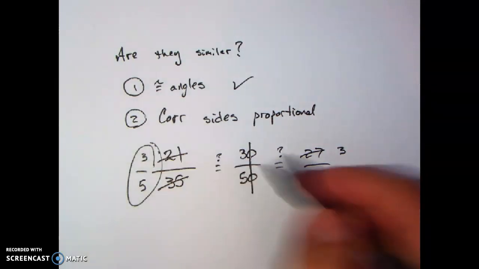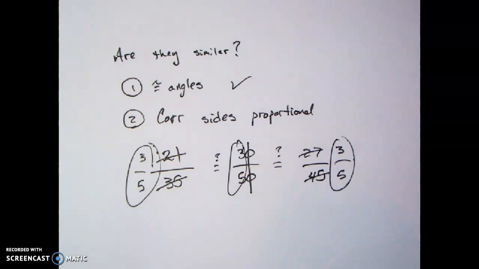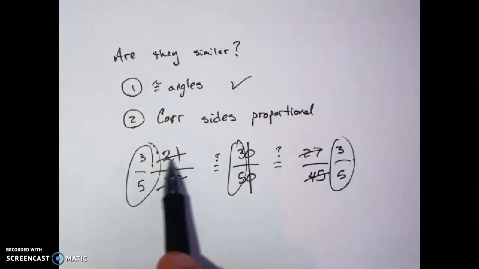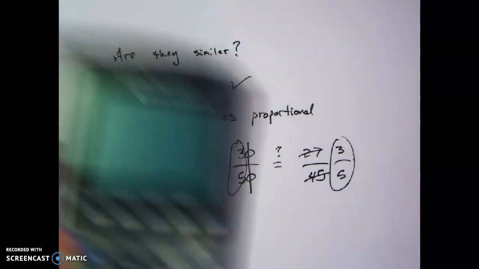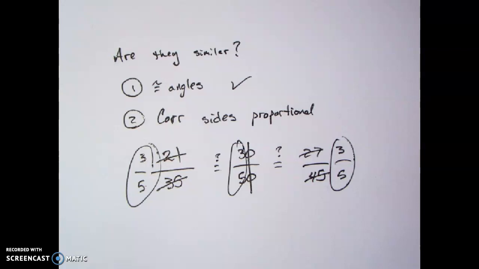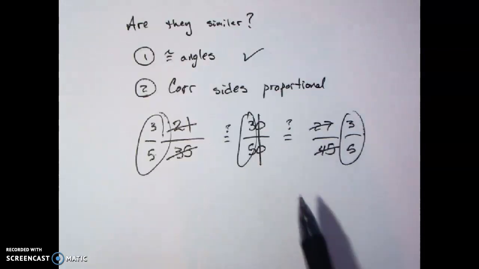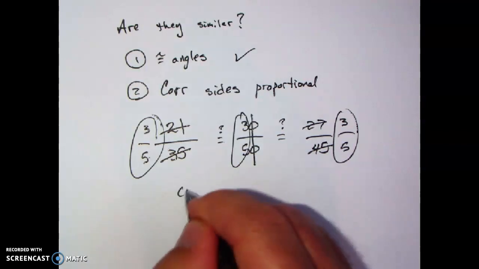They all reduce to 3/5. The other thing we could do is with our calculator, take 21 divided by 35, or 30 divided by 50, or 27 divided by 45, and they would all go to the same decimal value of 0.6. That is showing us that they are proportional. Again, the big thing we need to do when we're setting this up is make sure that we're paying attention to our corresponding sides.